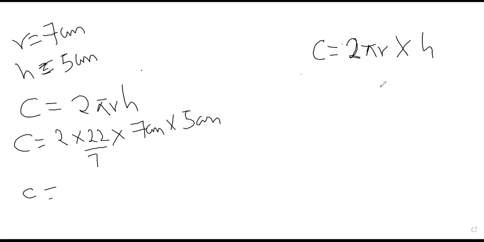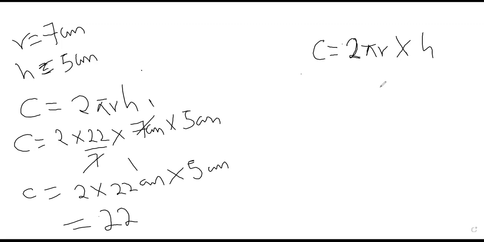Now 7 over 7 cancels, so our answer will be 2 multiplied by 22 centimeter multiplied by 5 centimeter. That will be 44 times 5, which gives us 220 centimeter square.